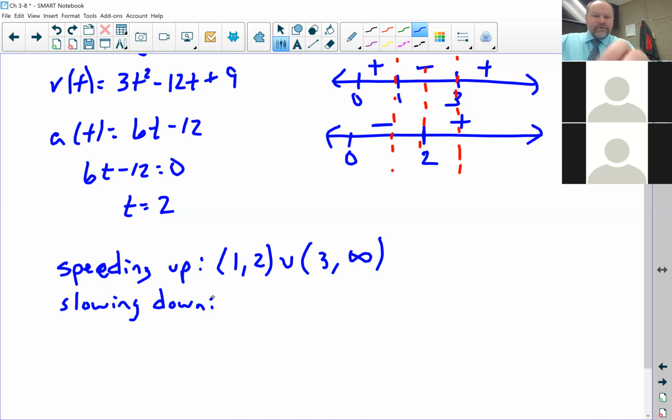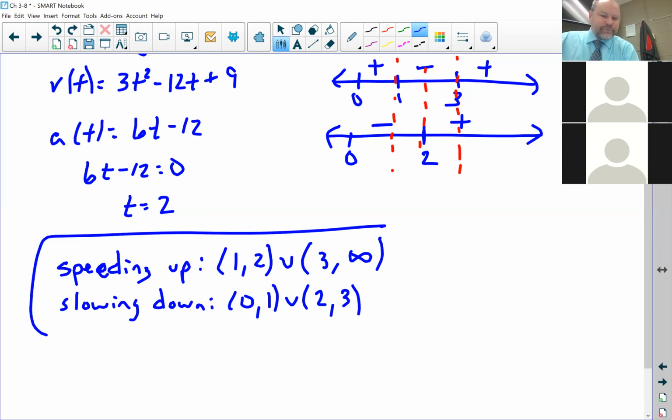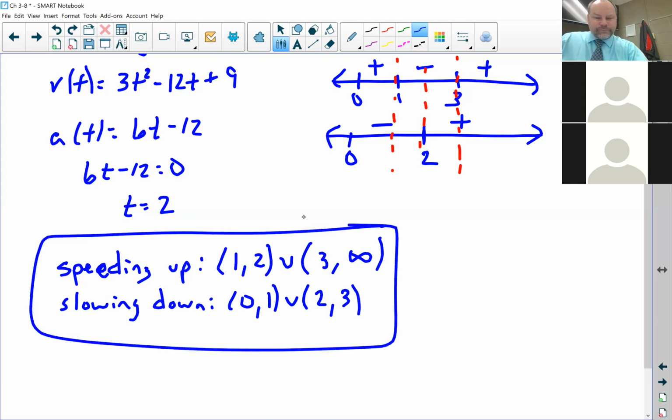And for slowing down, signs are opposite from 0 to 1. And signs are opposite from 2 to 3. Questions on that one?